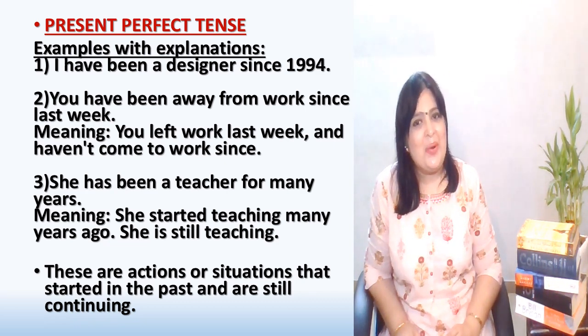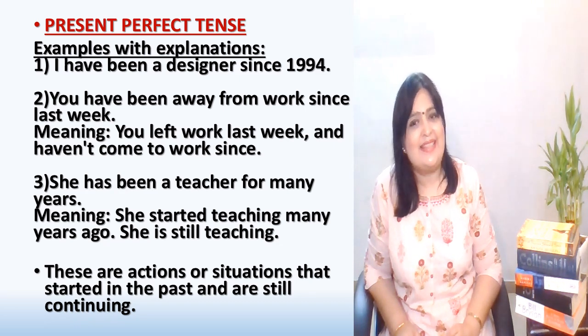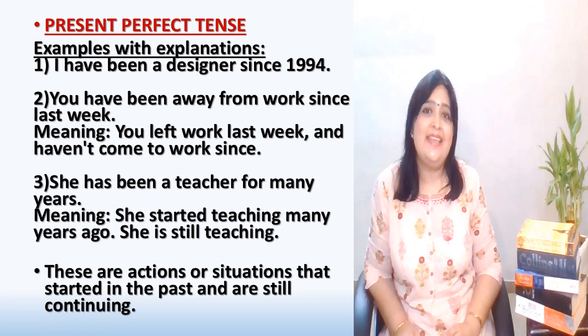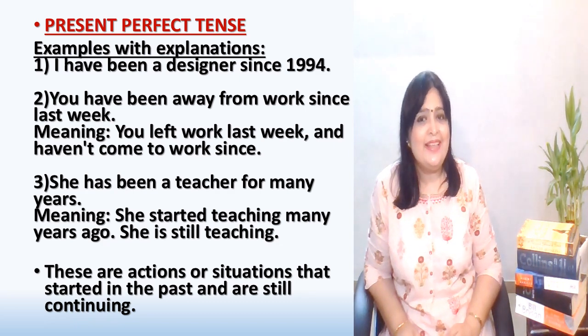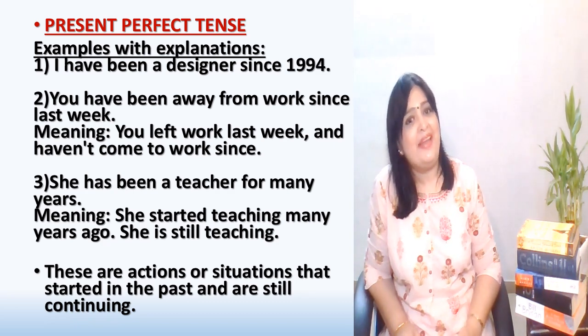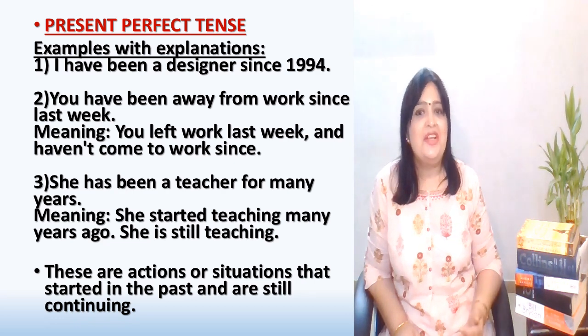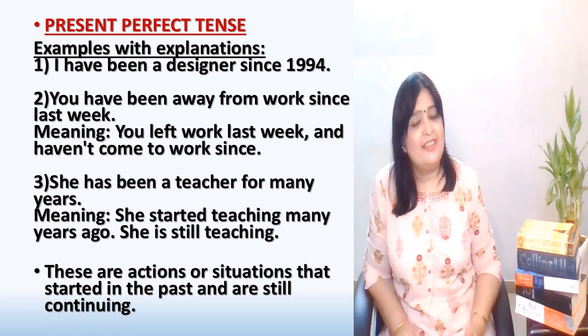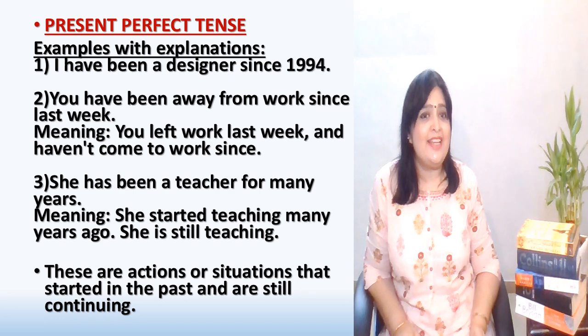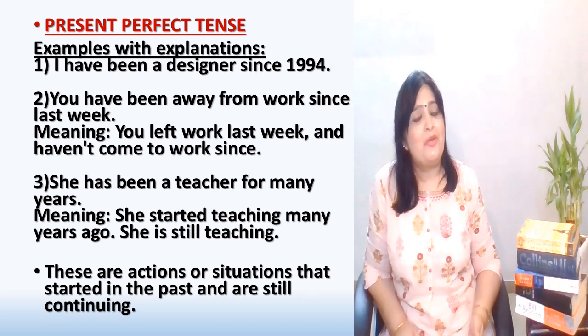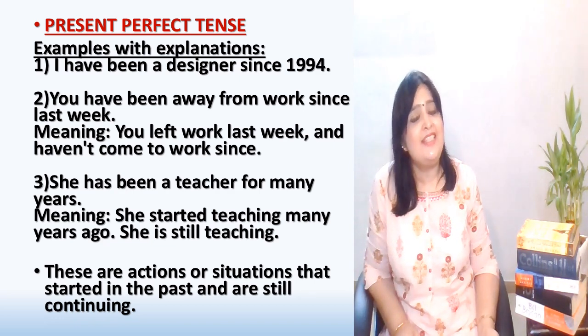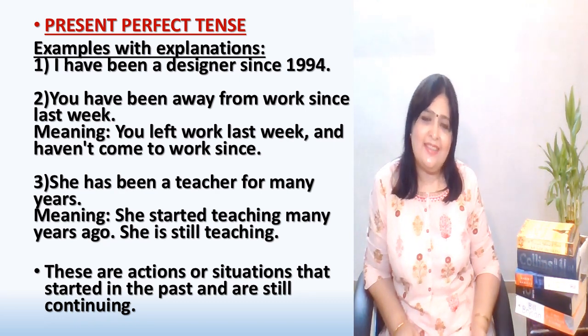Now let us look at the next example. She has been a teacher for many years. Meaning she started teaching many years ago. She is still teaching. So her act of teaching is continuing. उन्होंने बहुत साल पहले टीचिंग स्टार्ट करा था पर वो अभी भी टीचिंग करती हैं.